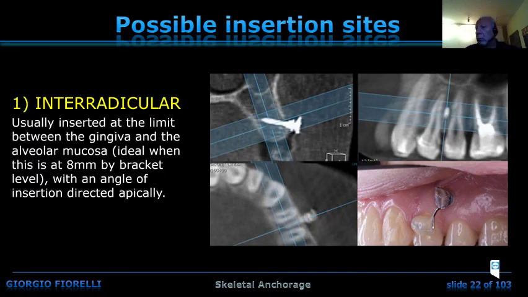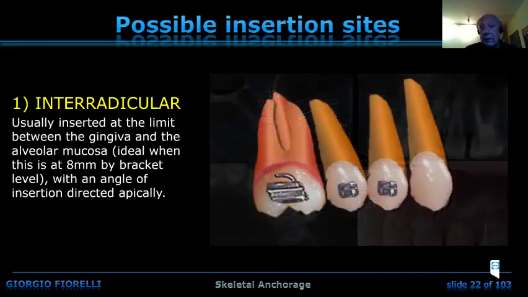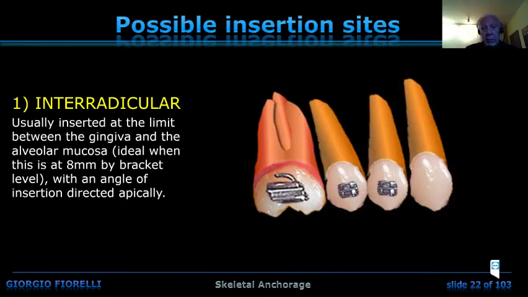There are very few rules in order to place the TAD. Maybe, of course, you will have a Panorex, and you see whether the roots are parallel. If the roots are parallel, you should have space for placing a TAD between the roots.